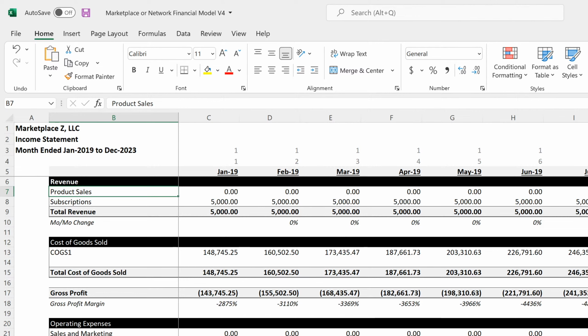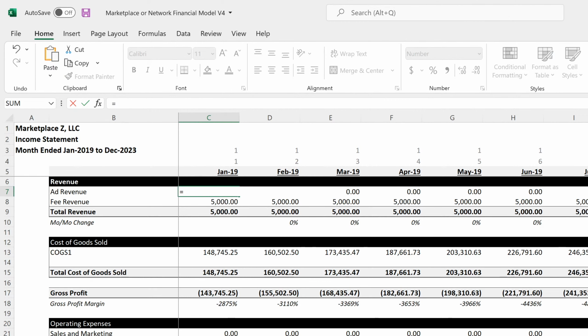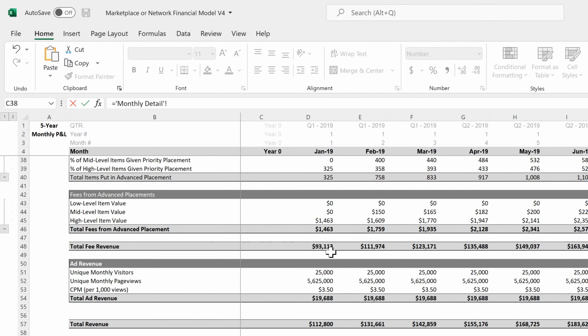So let's call this ad revenue, fee revenue. Okay, so ad revenue is this number. Fee revenue is this one.